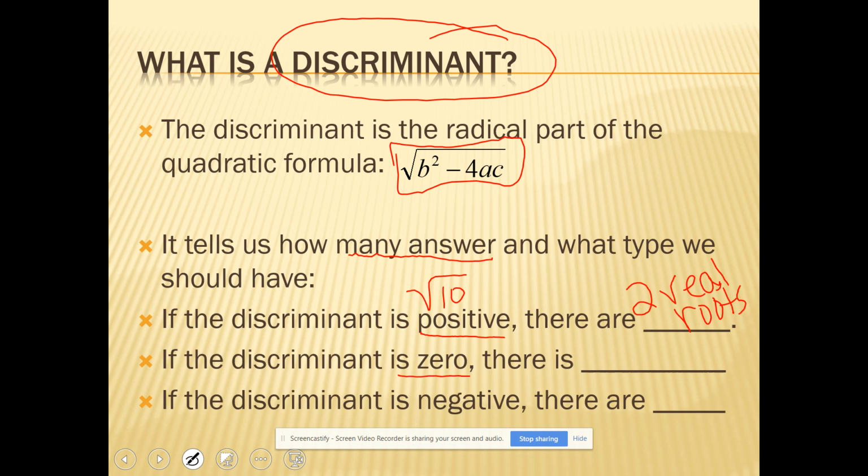If your discriminant is 0, meaning you have the square root of 0, then there is only 1 real root, x-intercept, solution, and it's not necessarily 0. And last but not least, if your discriminant is negative, meaning you have like a square root of -8, then there are 2 imaginary or non-real roots.